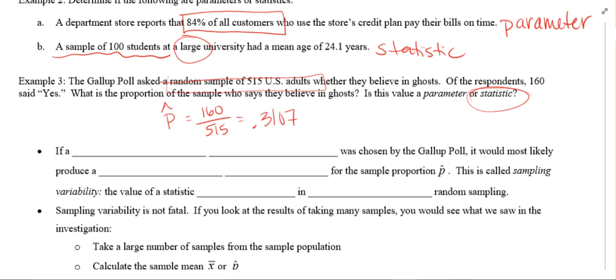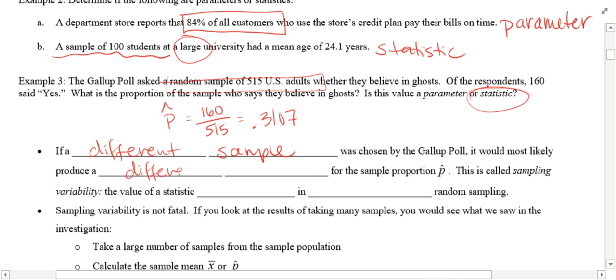Some things come up. If a different sample was chosen by the Gallup poll, it would most likely produce a different value. It'll probably be close to that one, but it'll be different. You ask different people, they could have different opinions.